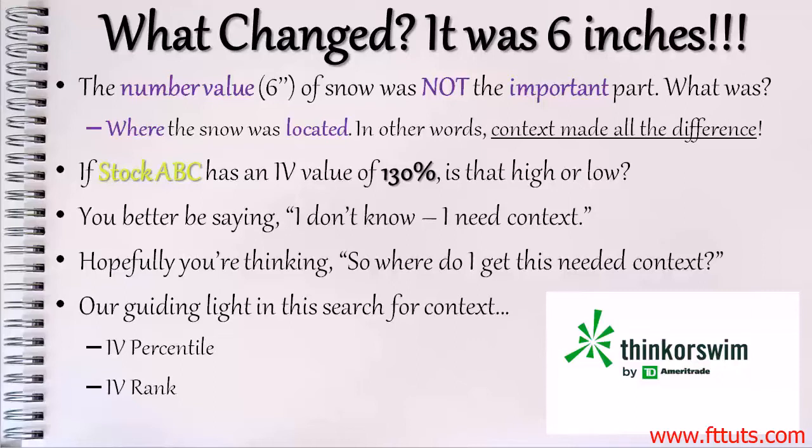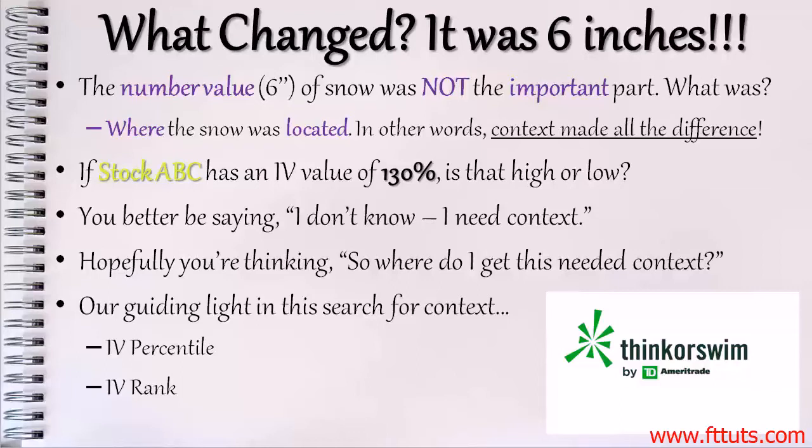Well, our guiding light in this is what would be called IV percentile or IV rank, interchangeable. And again, I brought this up before. Thinkorswim, free platform. They have this data. There may be other sources out there available, but I feel I'm not, like I said, no affiliate. I don't get paid if you sign up, and I'm not saying you need to use them to execute trades, but they are free if you just open up an account, and then you can have access to this data.